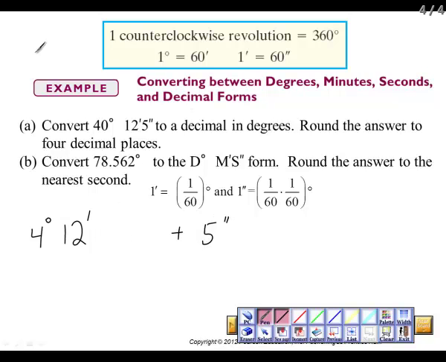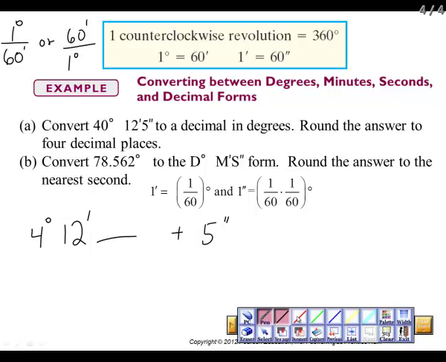We could ask ourselves, 1 degree is equal to 60 minutes. So we could write it as 1 degree over 60 minutes like that, or 60 minutes over 1 degree, depending on what it was you're trying to convert.